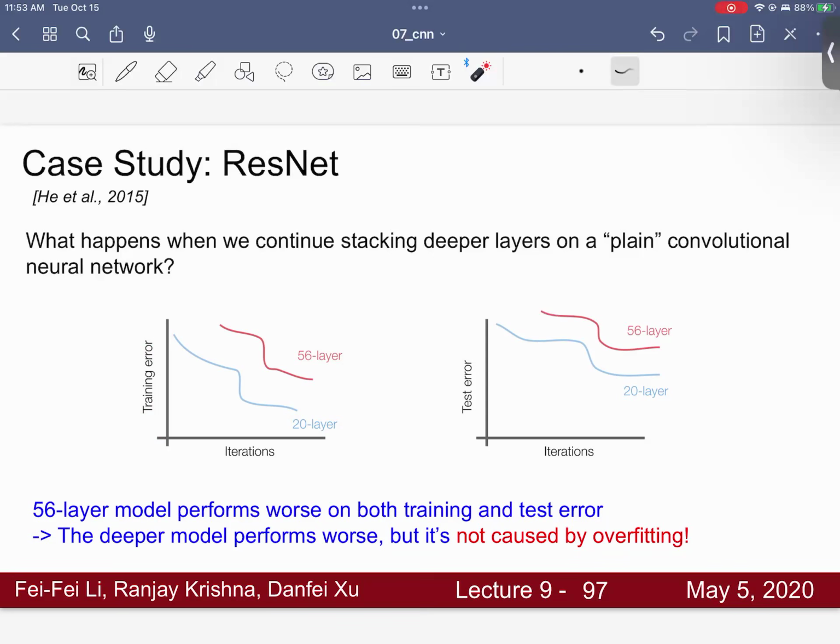Maybe having a deeper network interferes with the optimization process because there are too many backpropagations over all the layers, right? If you have 56 layers, you need to backpropagate 56 times versus 20 times. So there's a lot of gradient vanishing and gradient explosion. There's a lot of bad behavior that could occur while backpropagating 56 times. So that's probably the cause of the problem, not overfitting.